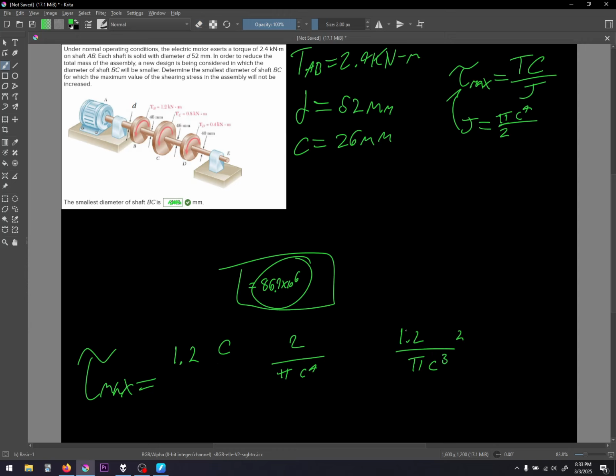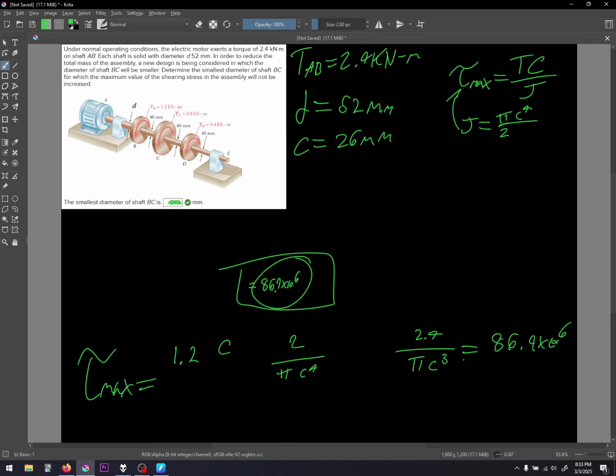Then this is 2 times that, so it's going to be 2.4. And all of this is equal to tau max, which is 86.9 times 10 to the 6th.